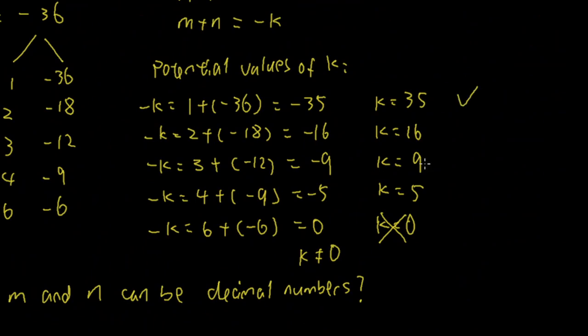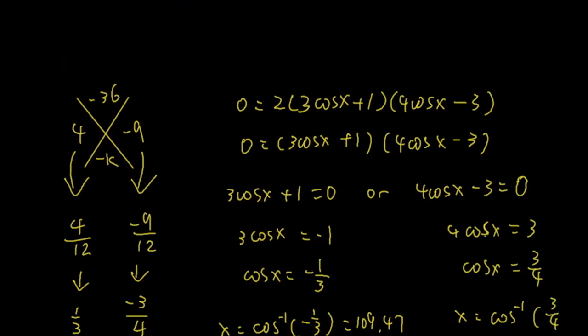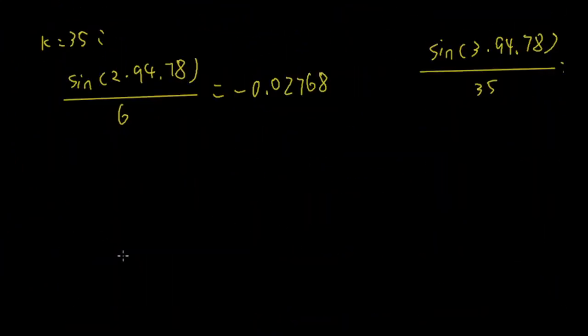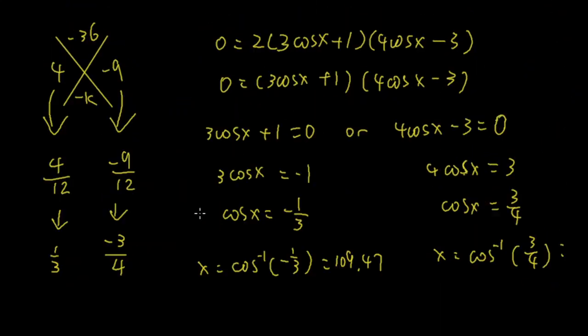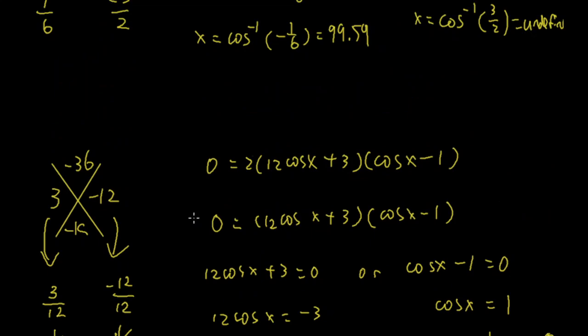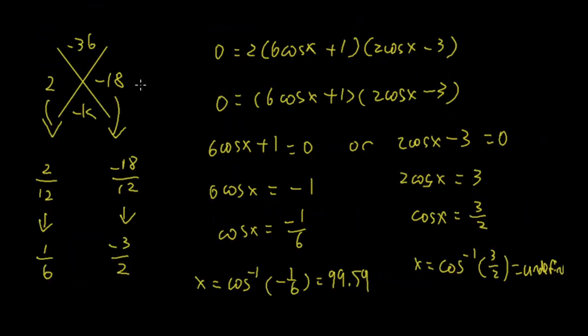Now, k equals 16. Let's validate this. Sine 2x, so sine 2x times, the x value for the 16 case will be here, 99.59.